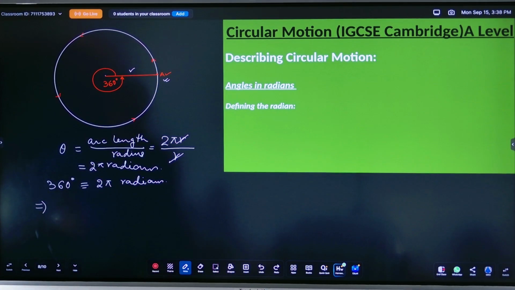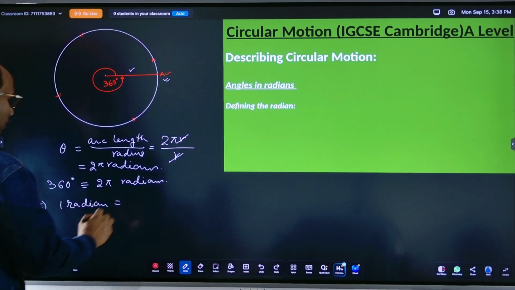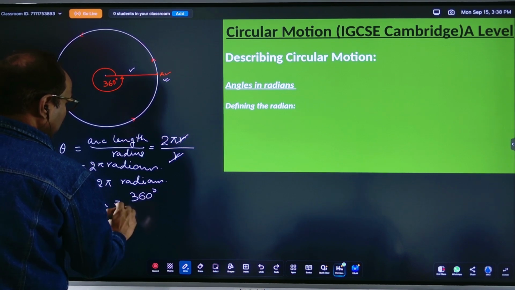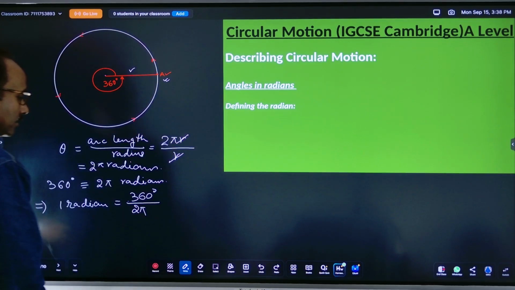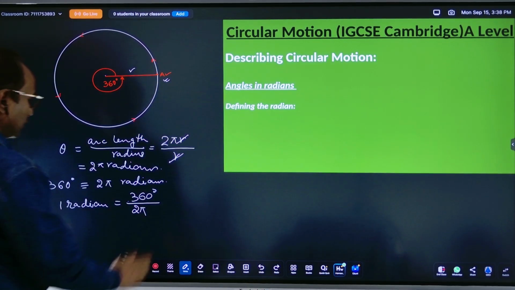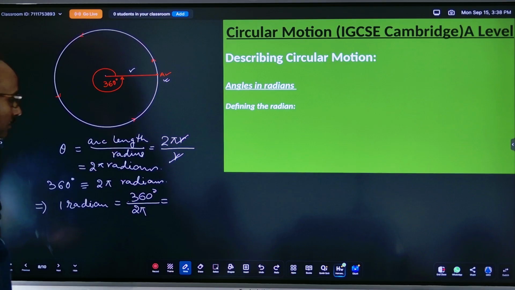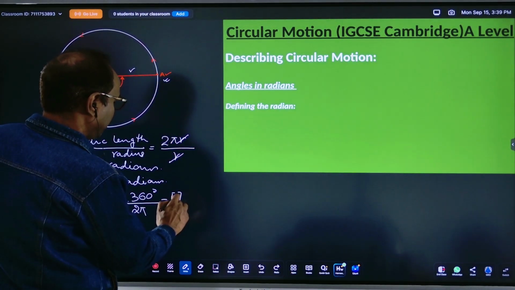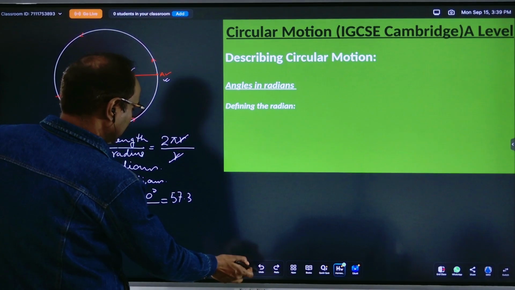It means 1 radian will be equal to how many degrees? 360 divided by 2 pi. So this comes to about 57.3 degrees.